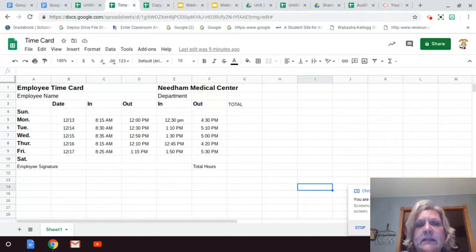Now you might say, well, that's not a big thing. What I've done here on the screen is recreate the time card that is in your book on page 104. This is what the first part of your assignment is going to come from. I'm going to talk you through the first couple of problems and show you how you calculate the total time.